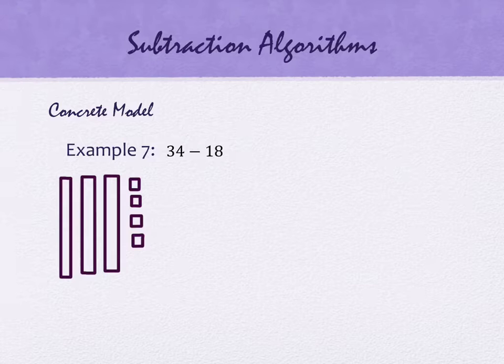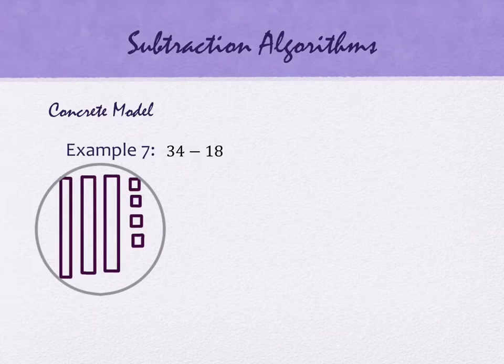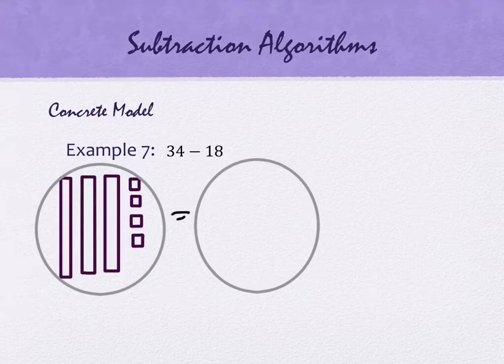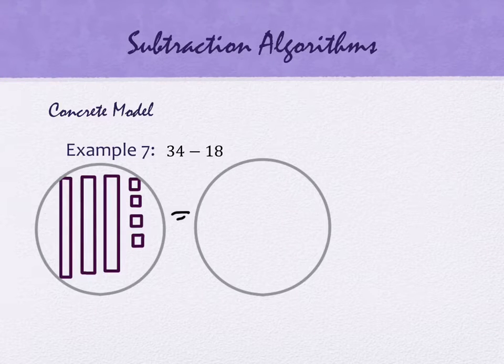Very good. I have the 1 long, that's not a problem, but I do not have 8 units to remove. So what do I have to do to actually be able to remove the 8 units? I need to break one of my longs down into units, right? So I take the visual that I have here, and if I were dealing with something that was breakable in terms of Legos, or even if not, you can actually do an exchange, right?